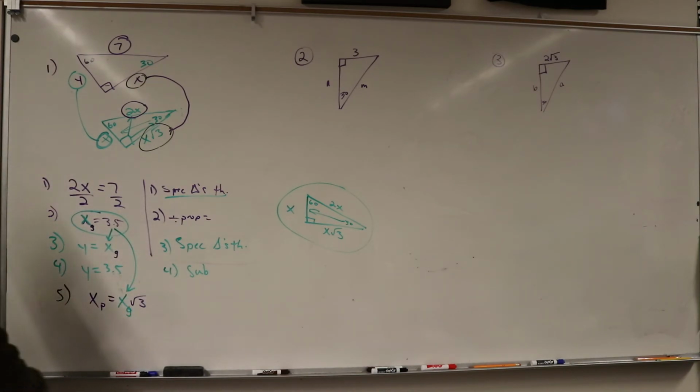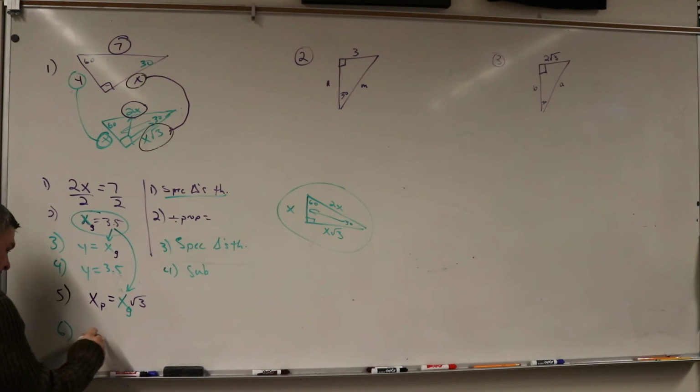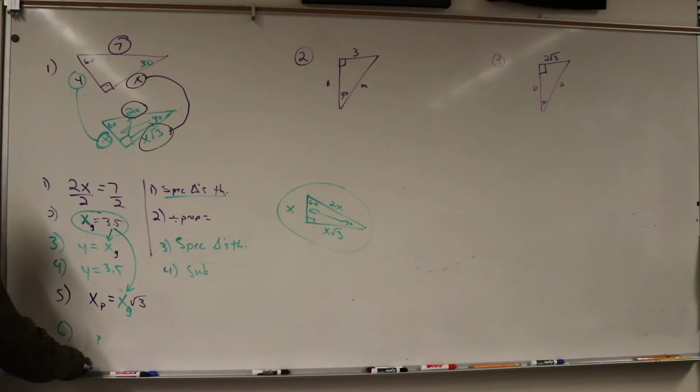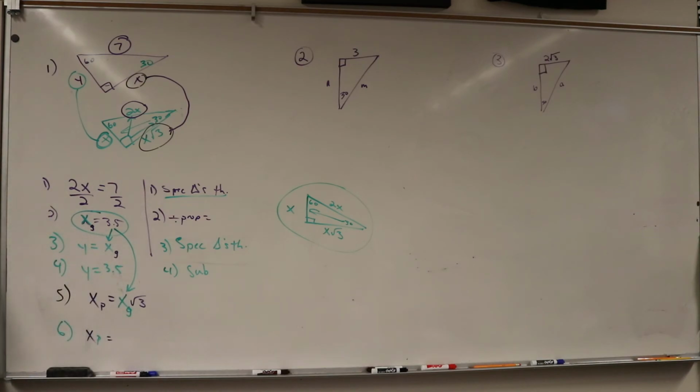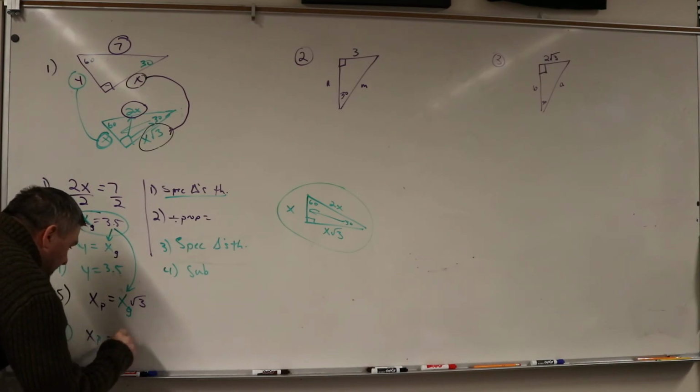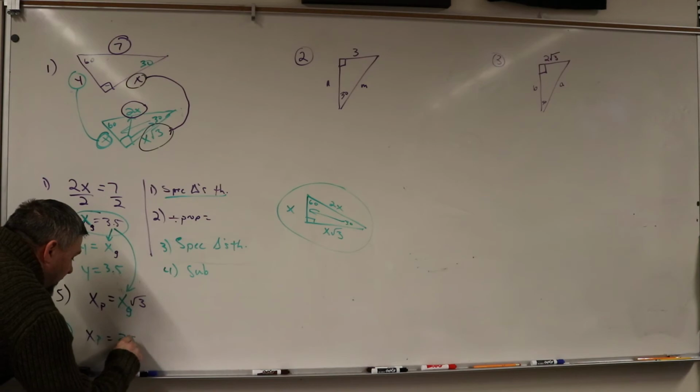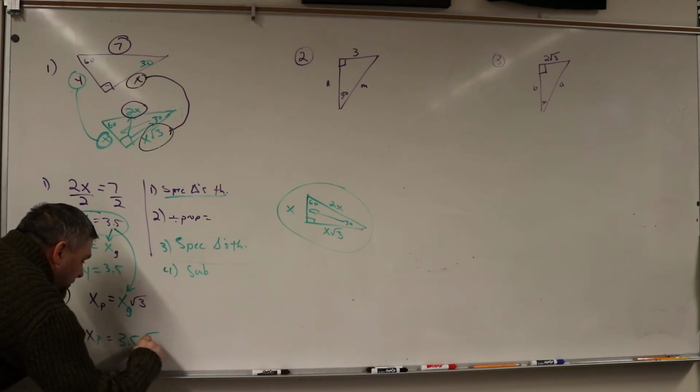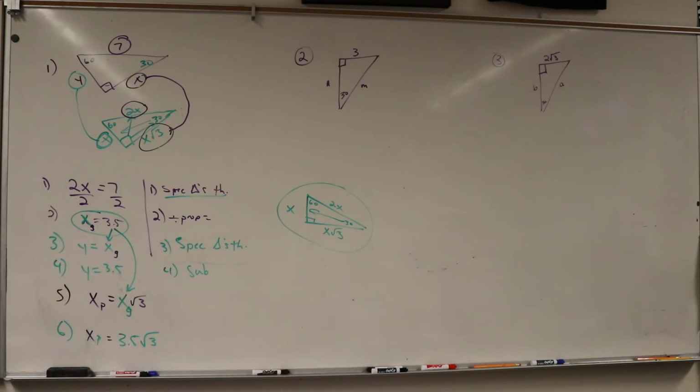And it's substitution. So, X sub P, or the purple X, is equal to the green X, which is 3.5 square root 3. And that's your answer.